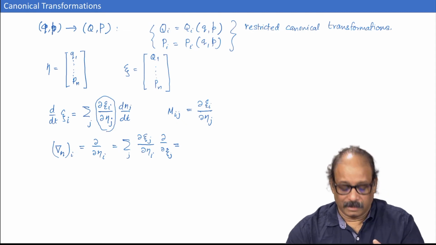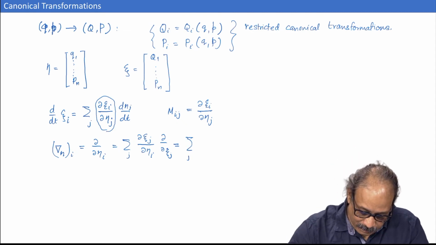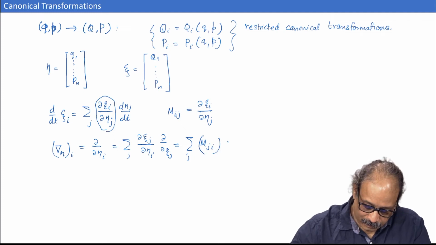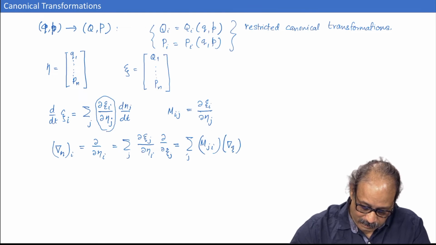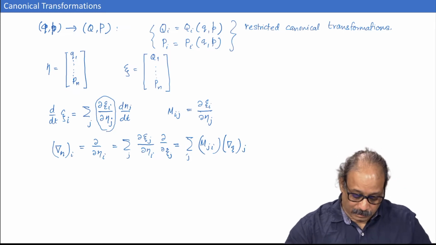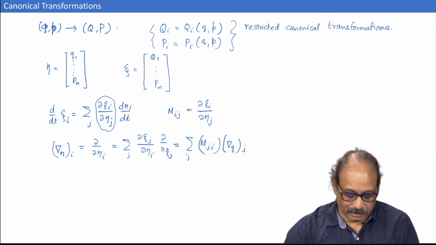And this we will write as sum over j. Now, this is M j i. So, that would be del with respect to xi and this would be the jth component.